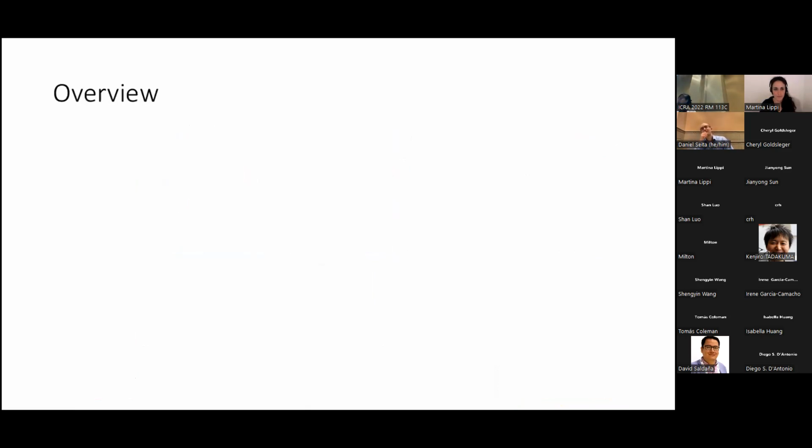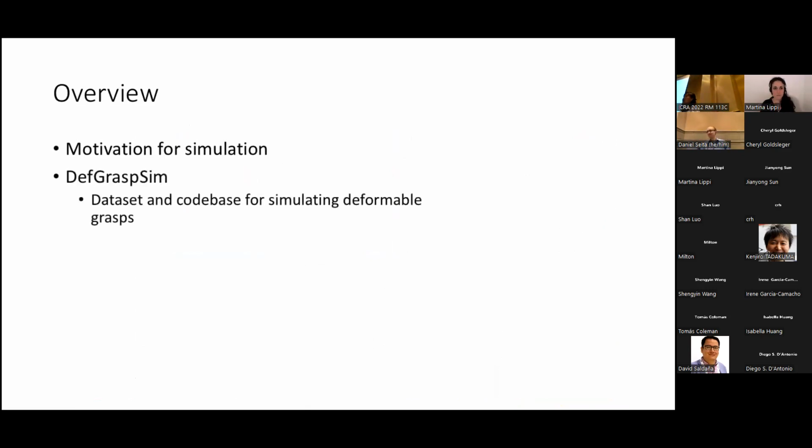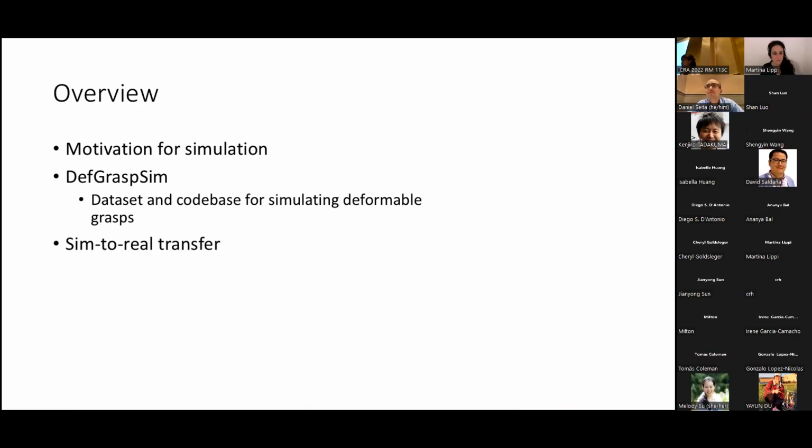Okay, so in this talk, we want to cover the following topics in deformable grasping and manipulation. First, we want to talk about why we even need to use simulation when studying interactions with deformables. Then I'll show our work in DefGraspSim, which is a tool for simulating deformable grasps. Along with that, some comparison of simulated to real-world results.